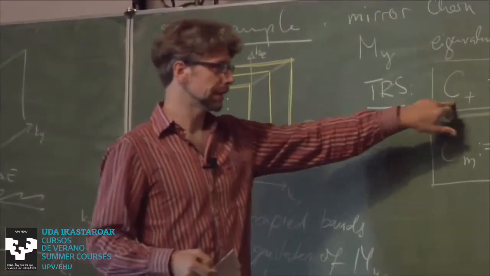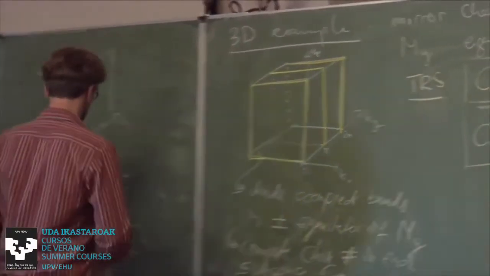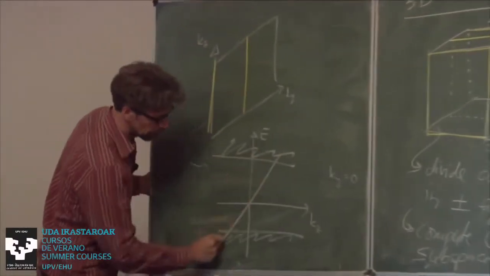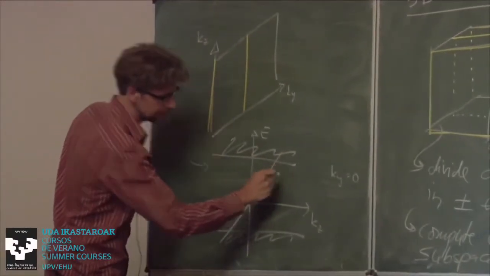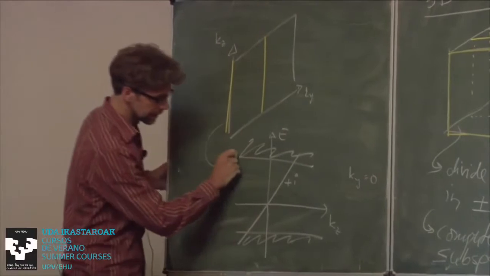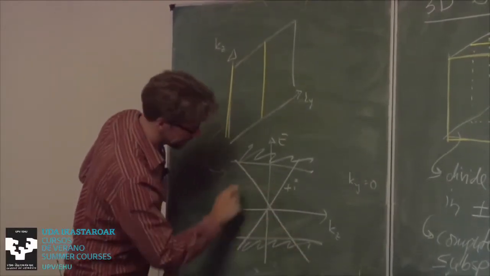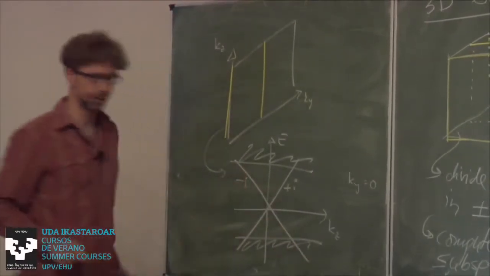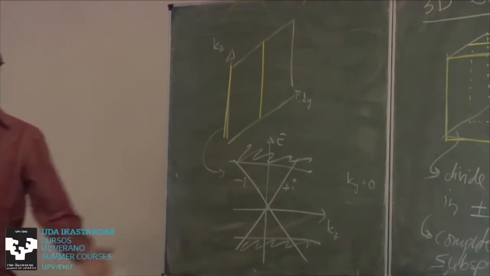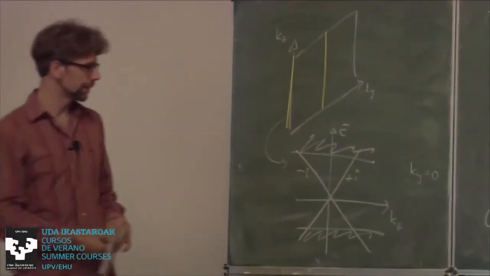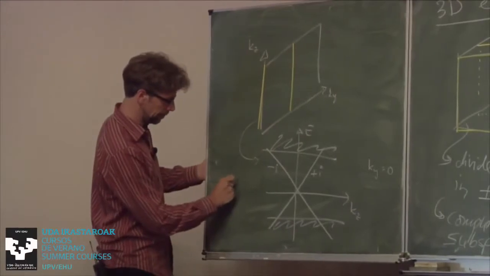So this means that C plus is 1 and C minus is minus 1. So I'll have one chiral mode with plus i mirror eigenvalue, and another chiral mode with minus i mirror eigenvalue, coming from the other subspace because it has the opposite Chern number. So this is the case for Cm equal to 1.